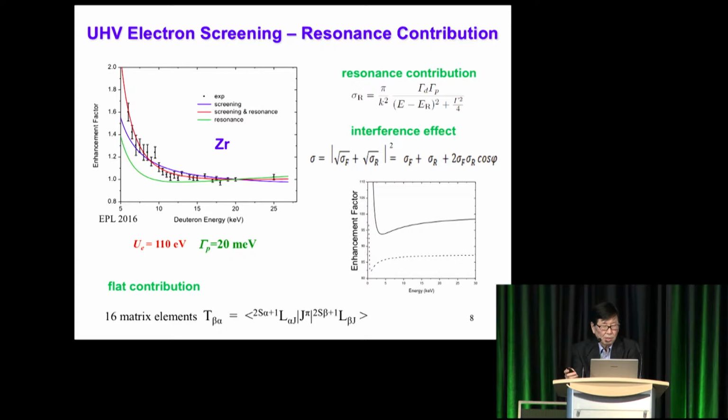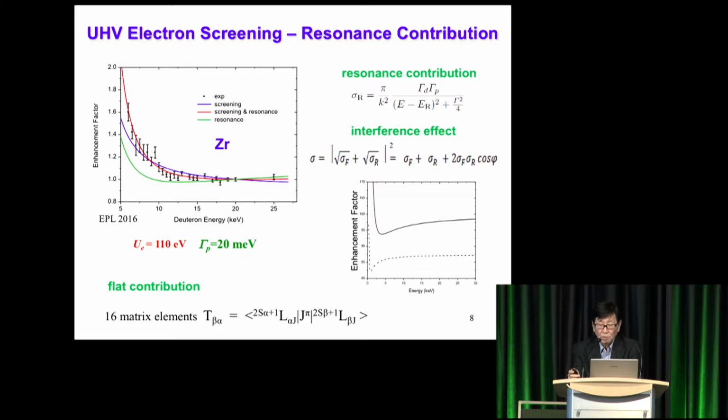Here, we show a new experimental result at a new facility using the UHV. And also the new data obtained using Auger electron spectroscopy. It is for determination of target contamination.